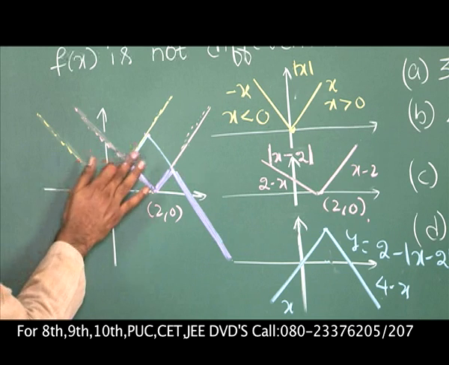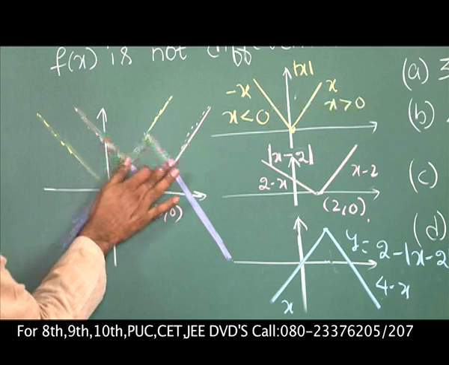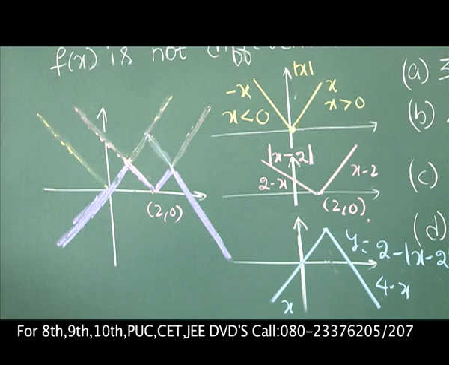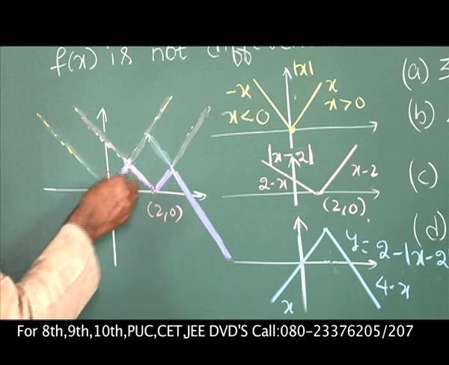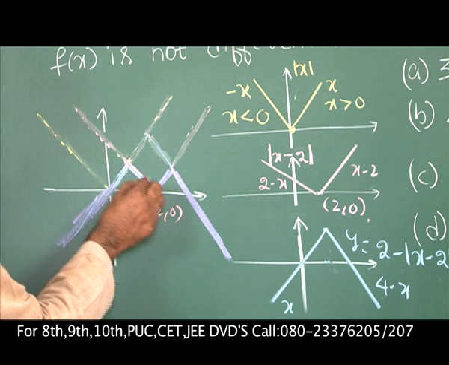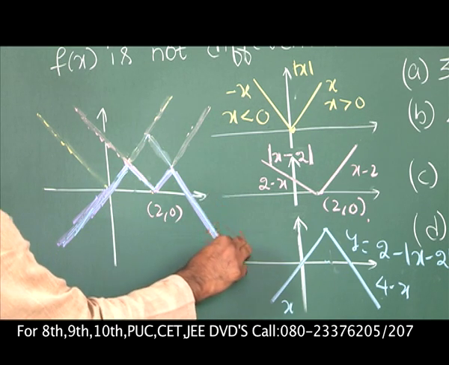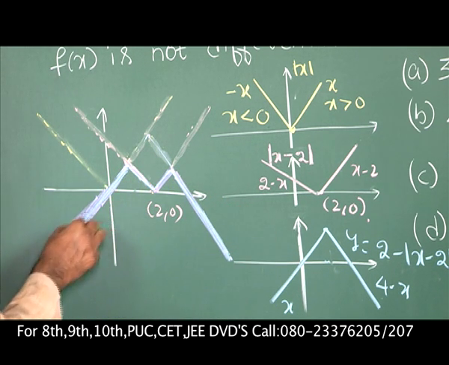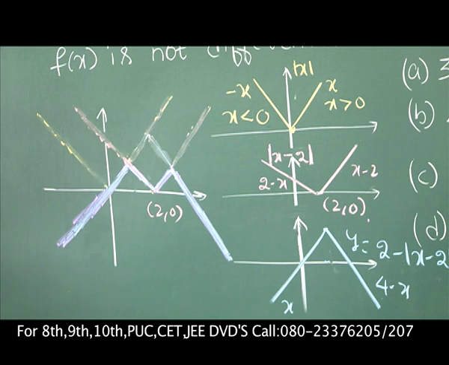See here, these are dull lines which are not required to us, but these are important lines. See here, this is the minimum among the three. Almost it looks like an extended M.